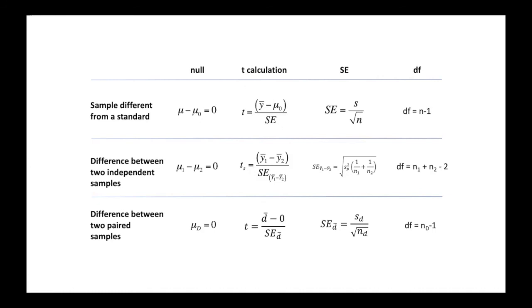So in all cases, a t-test statistic with a larger magnitude means we have a bigger effect size for a given amount of uncertainty, whether that t-test statistic is in the positive direction or the negative direction. In all cases, we're measuring the uncertainty in our estimates by some measure of the sample standard deviation and some measure of the sample size. And in all cases, we need to calculate the degrees of freedom because the t-distribution is defined by its degrees of freedom.